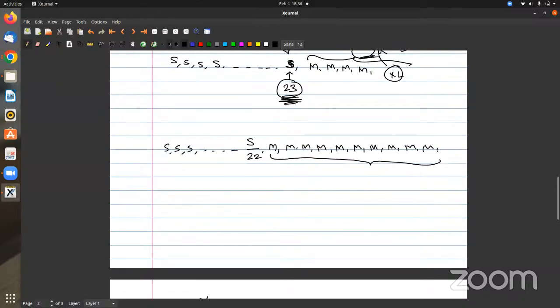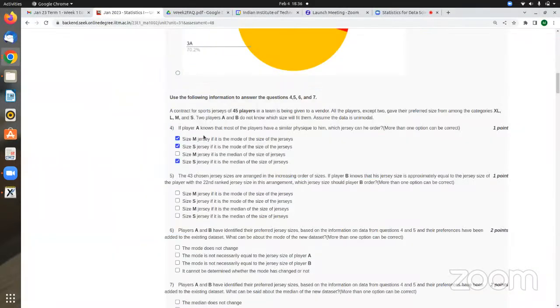Medium size jerseys. But let's say we are considering 45 people, so the remaining 23 are having what? Medium size jerseys. Okay, so what is the question? If player A knows that most of the players have similar physique, which jersey can he order? Size M jersey, if it is the median of the size of jerseys.